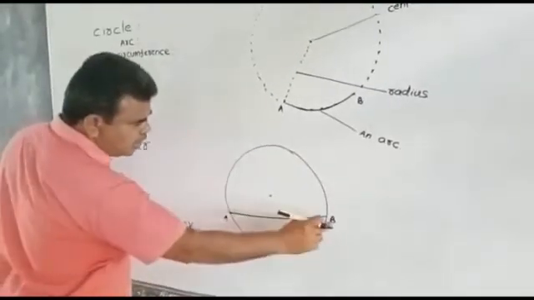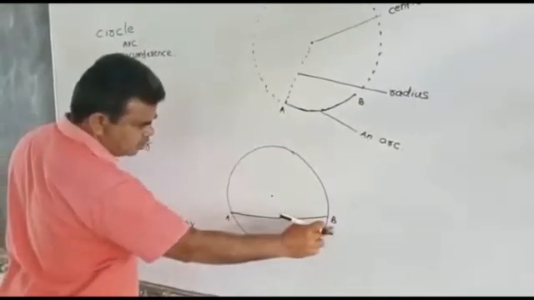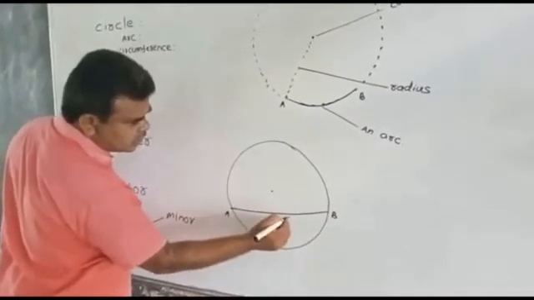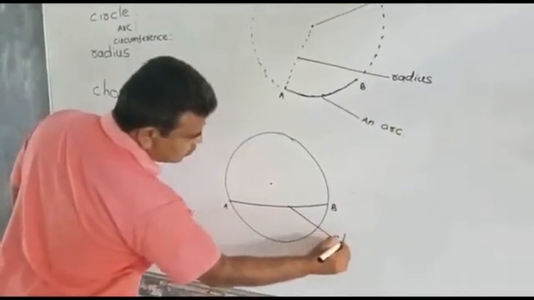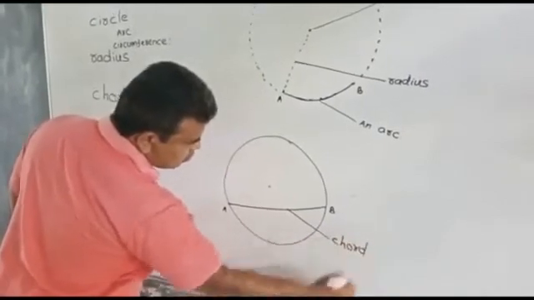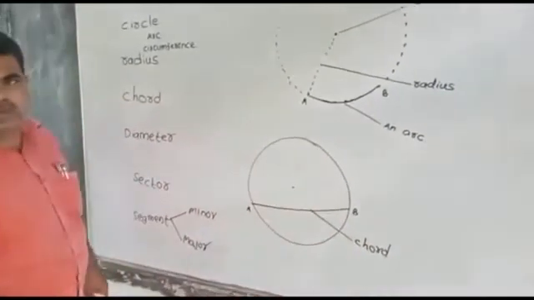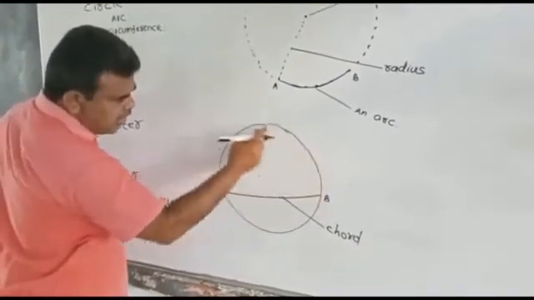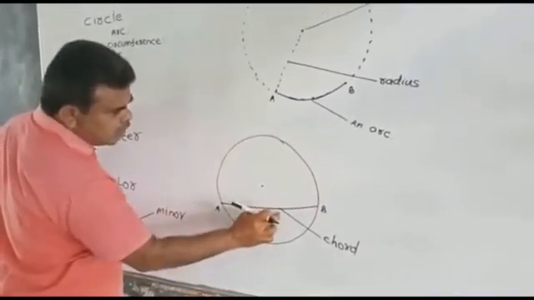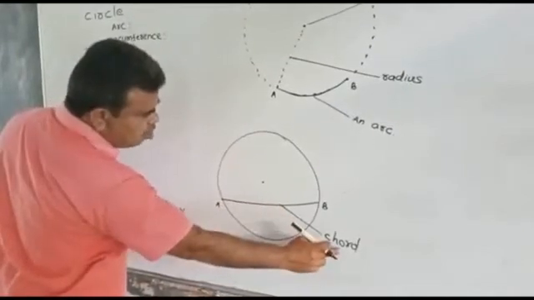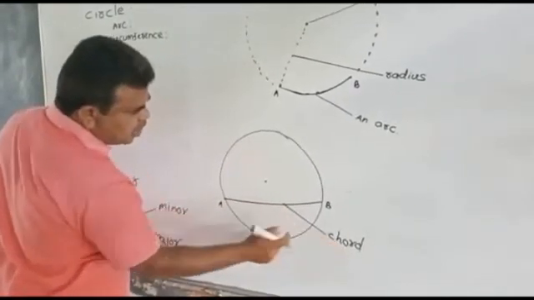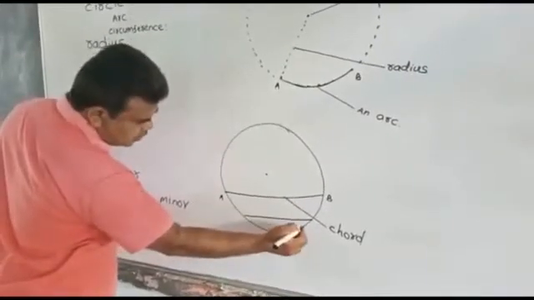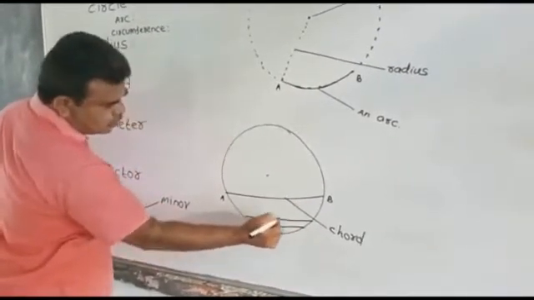Joining these 2 points from A to B, this line segment is known as a chord. A line segment joining 2 points on a circle is called a chord. We can draw any number of chords in a circle.